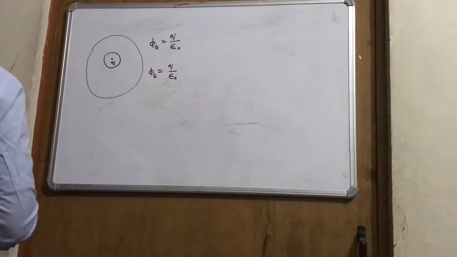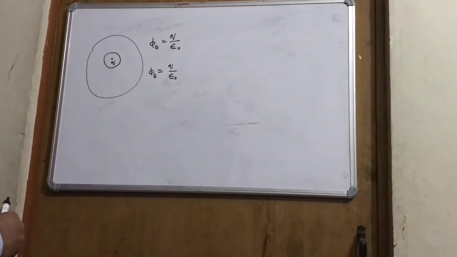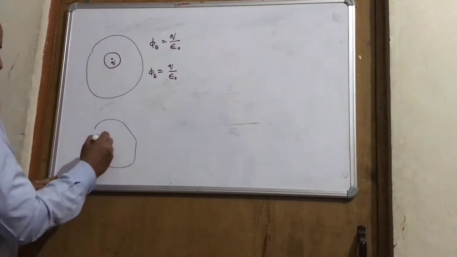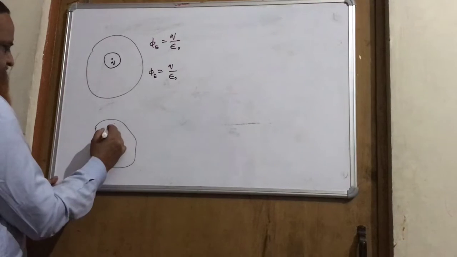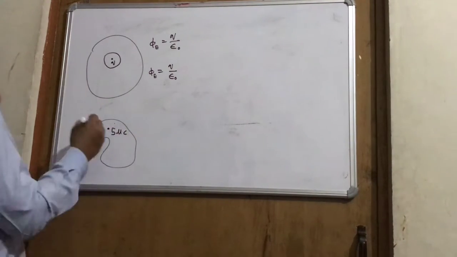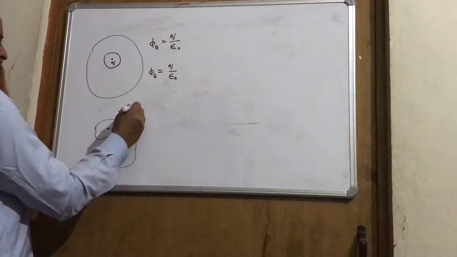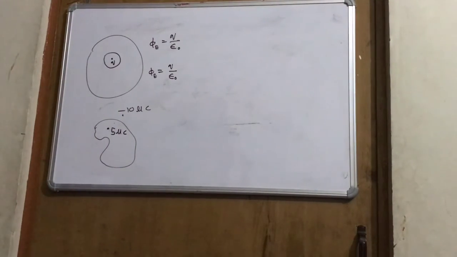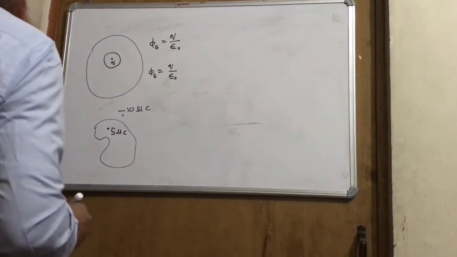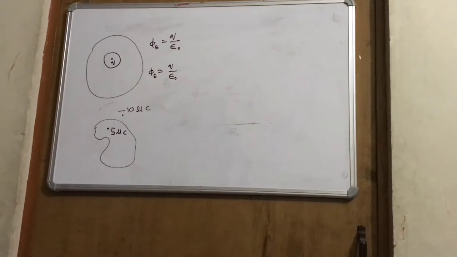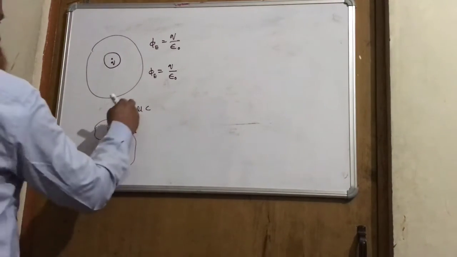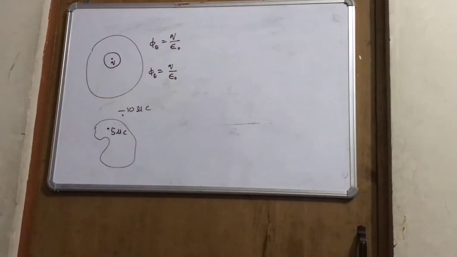It depends on the charge present inside the Gaussian surface, and does not depend on charges outside the surface. Suppose there are 5 microcoulomb inside and minus 10 microcoulomb outside the surface. The flux will be 5 microcoulomb upon epsilon naught. Minus 10 will not be taken into account, so we consider only those charges which are inside.